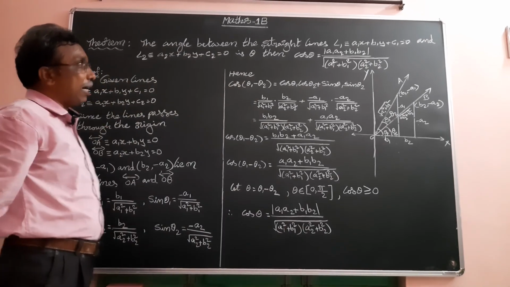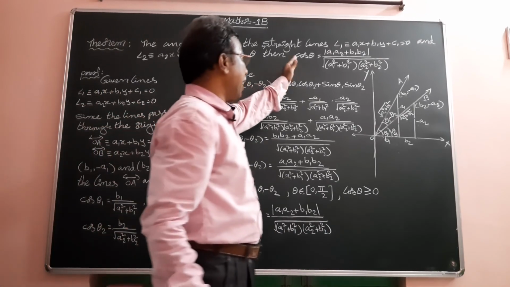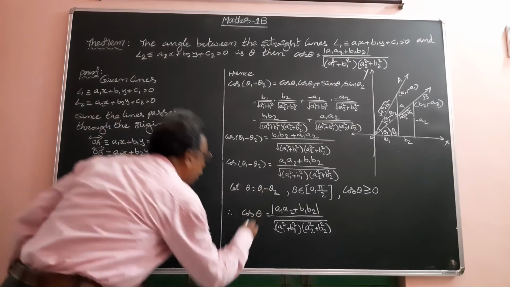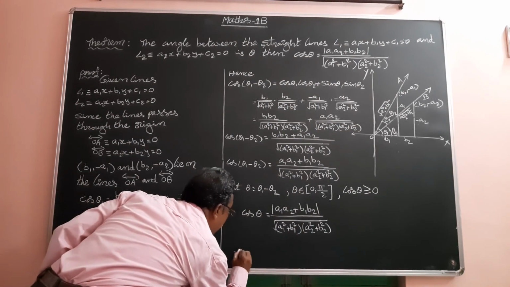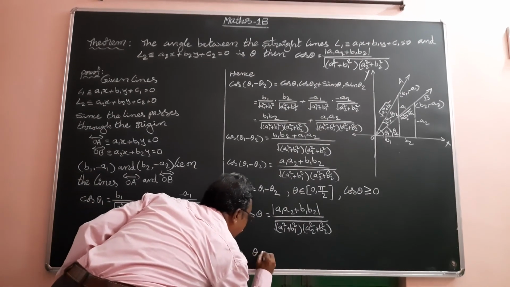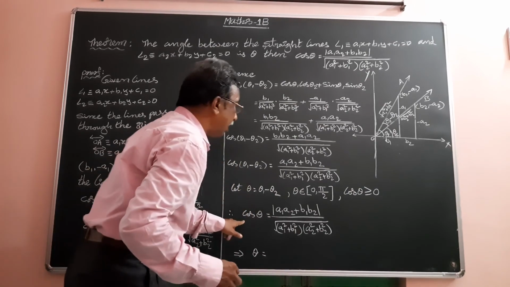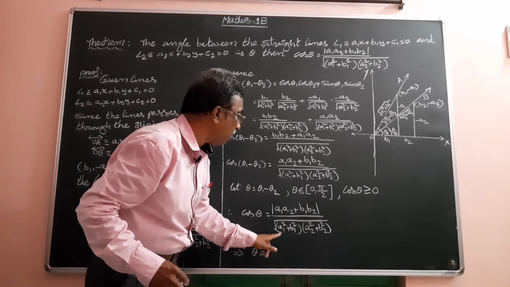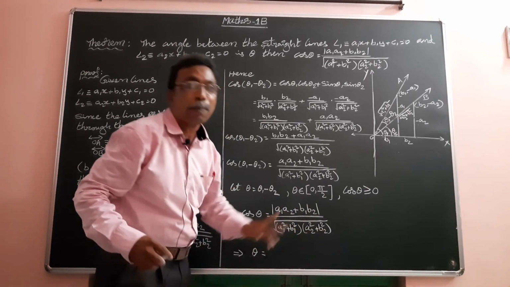Sometimes it is asked in examinations: theta equals cos inverse of. So cos theta equals modulus of a1 a2 plus b1 b2 by root of a1 square plus b1 square into a2 square plus b2 square.